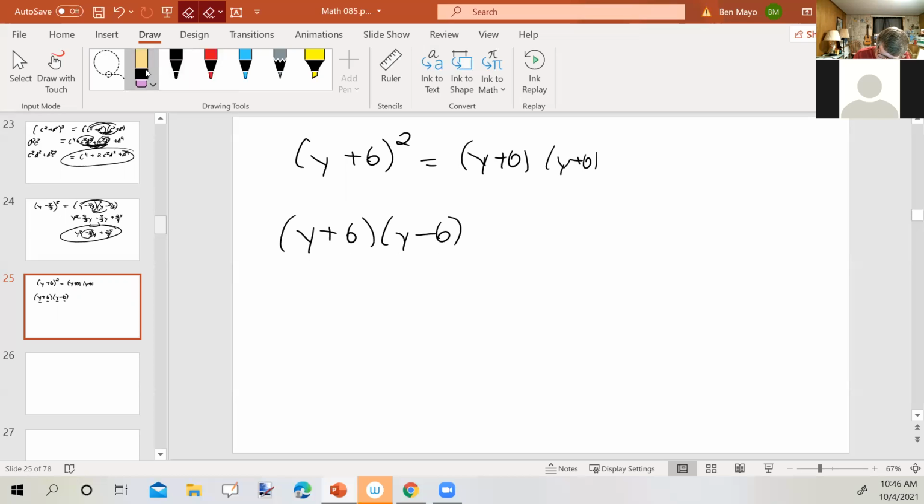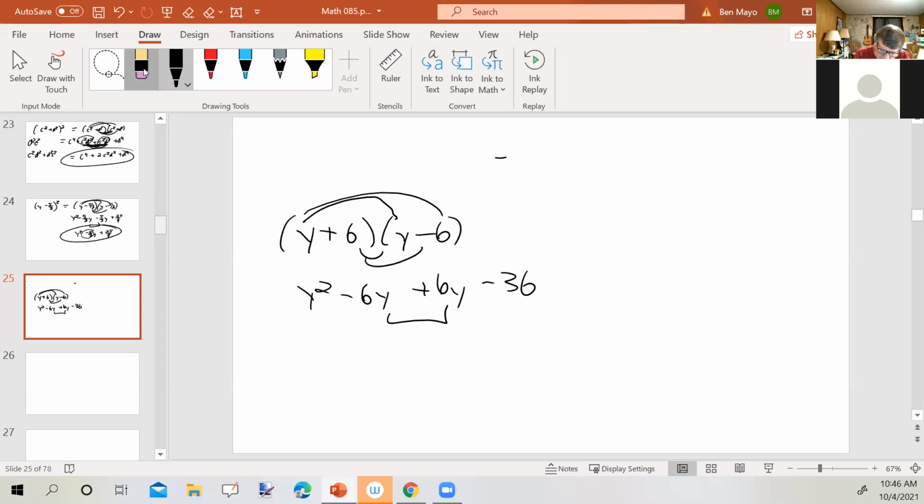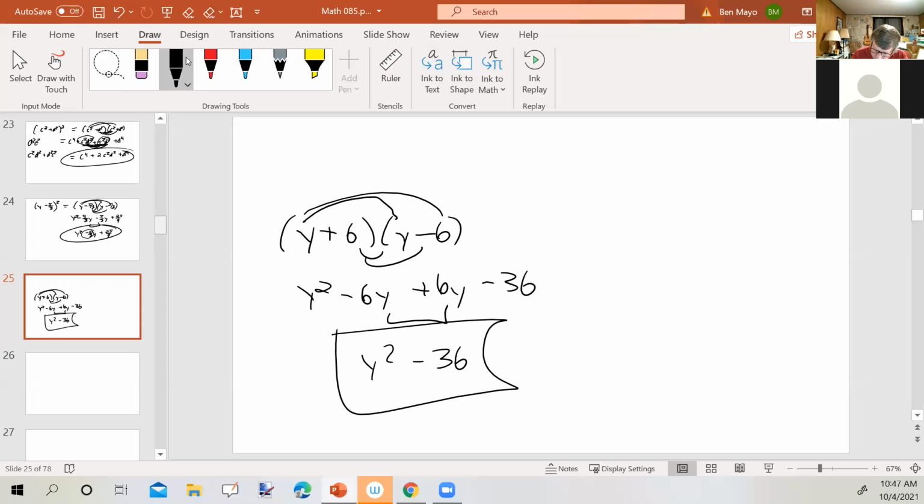When we FOIL that together, we get the following: y squared minus 6y plus 6y minus 36. Combining like terms, the middle terms cancel out, and we get what is called the difference of two squares.